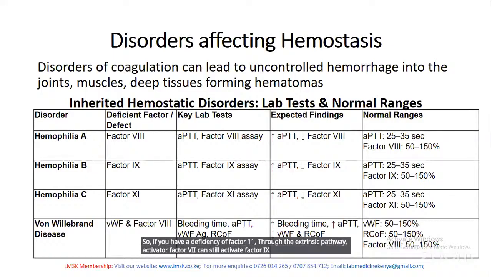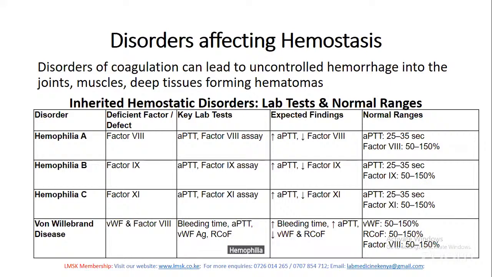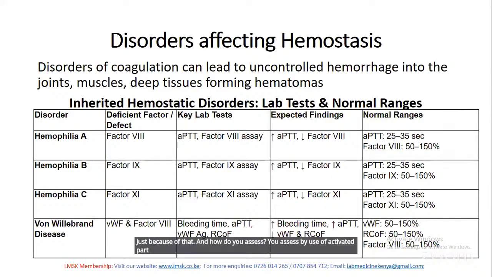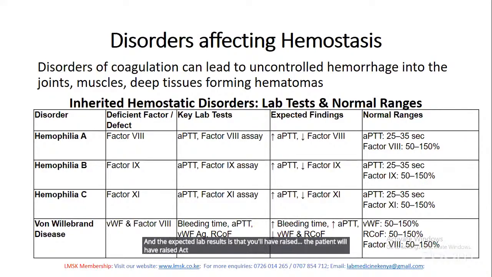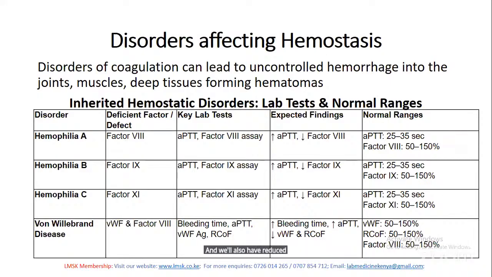And as a result, hemophilia C is a bit mild compared to hemophilia A and B, just because of that. And how do you assess? You assess by use of activated partial thromboplastin test and detection, identification, and quantification of the specific factor 9. And the expected lab results is that the patient will have raised activated partial thromboplastin test results, and will also have reduced amount of factor 11.